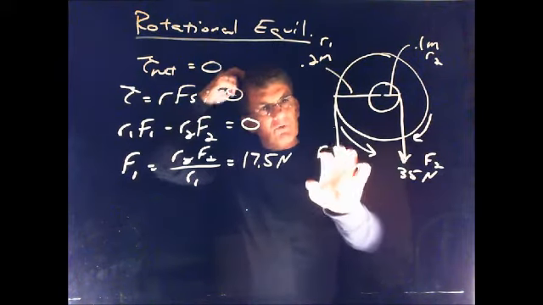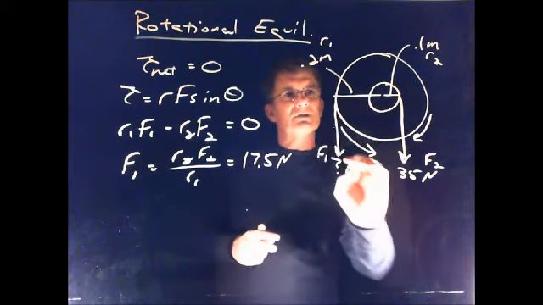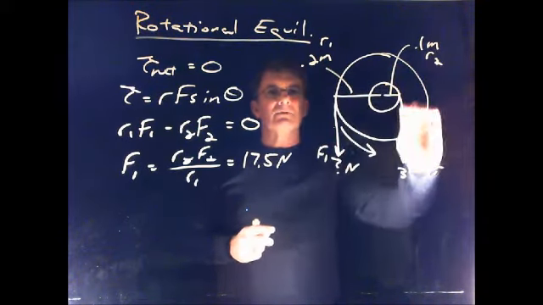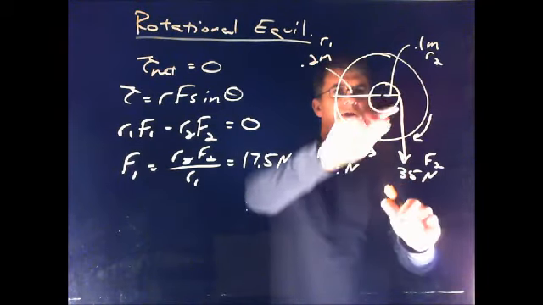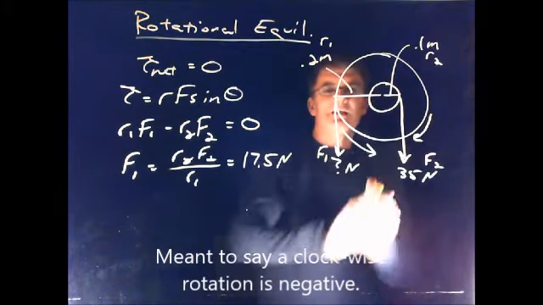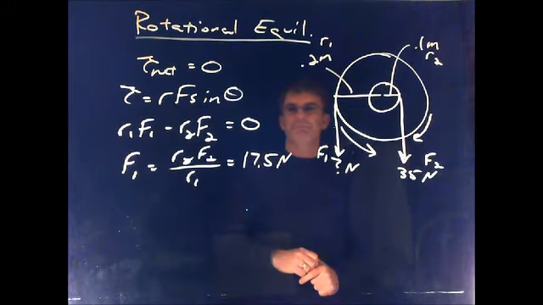If I look at one force at a time, if that force is going to cause a counterclockwise rotation, that's a positive torque. If this force all by itself is going to cause a clockwise rotation, that's a negative torque. So that's how I determine the signs of my torques.